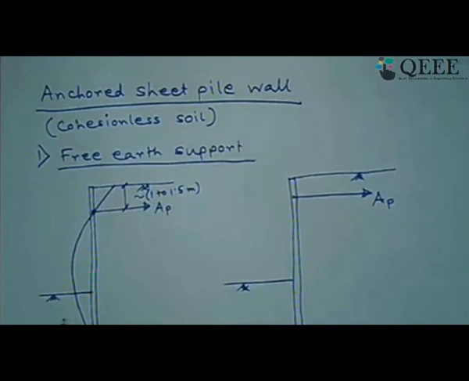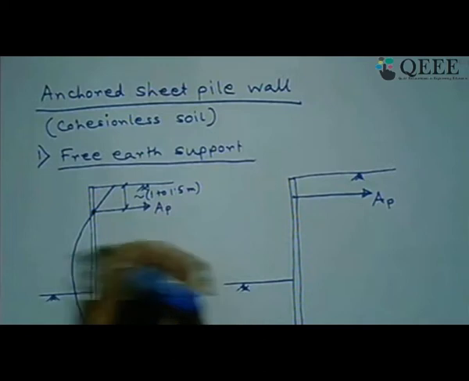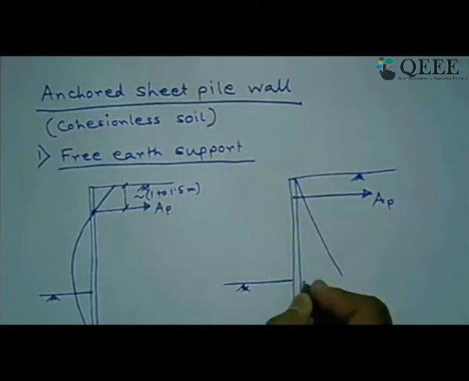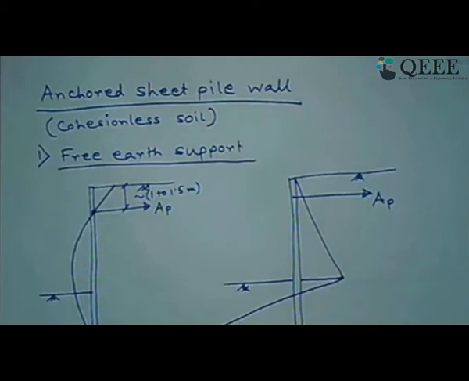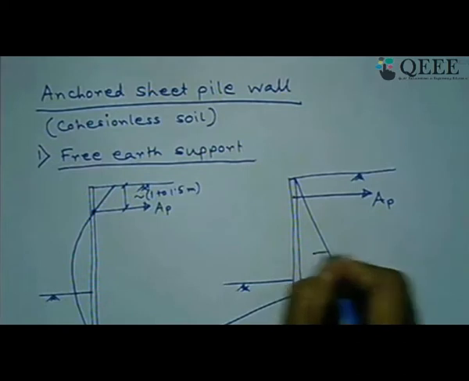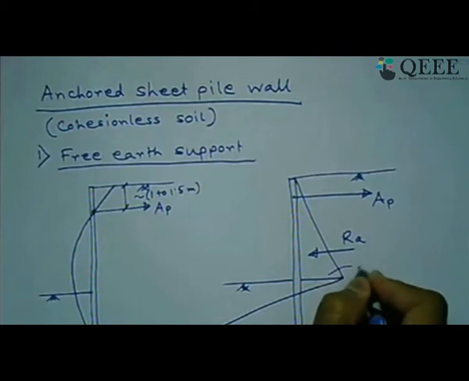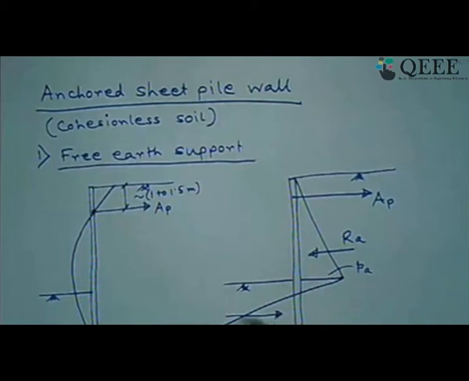So essentially the net resultant pressure is passive minus active, whereas here we have active earth pressure only. So we can draw the net earth pressure diagram like this, where we have this value RA, let us say this intensity is PA, and this value is, let us say, RP, which is the resultant of the active and passive.